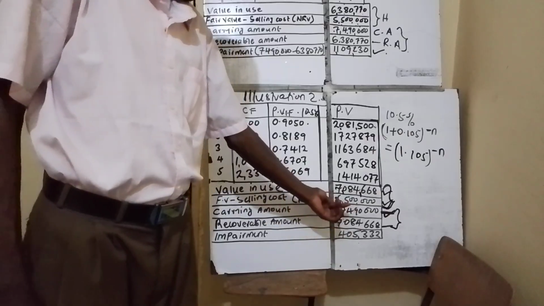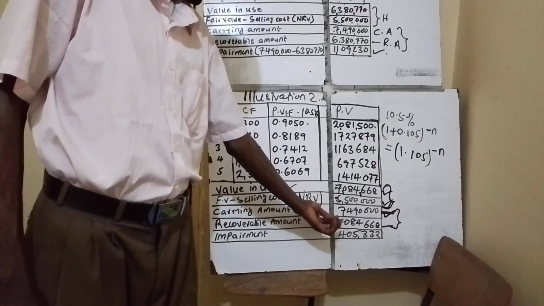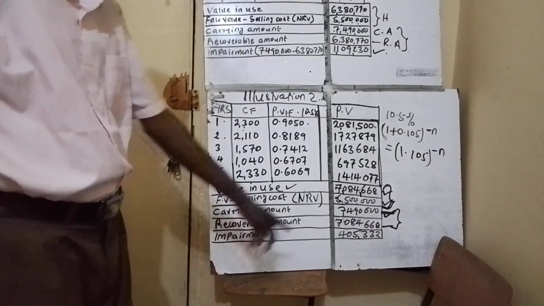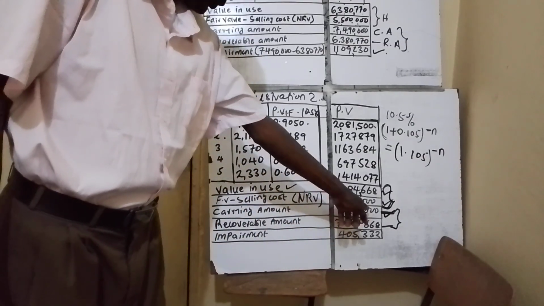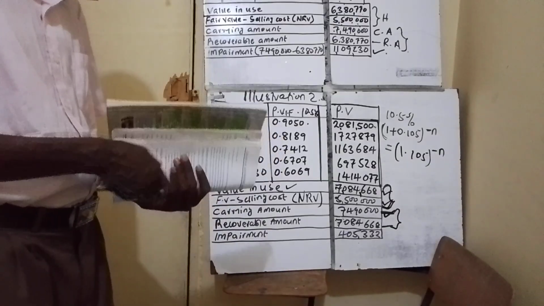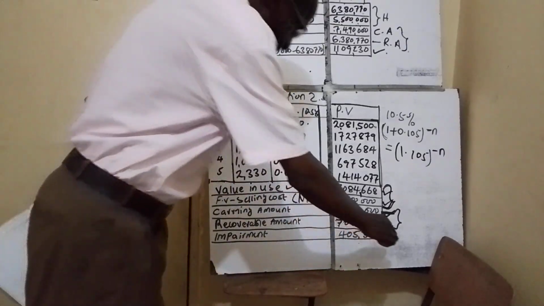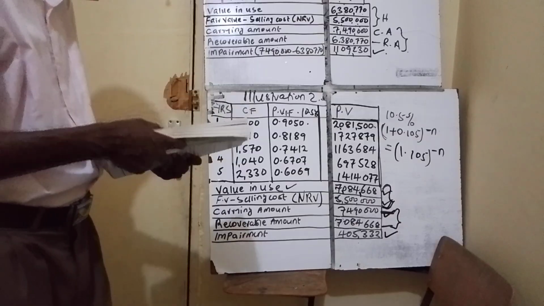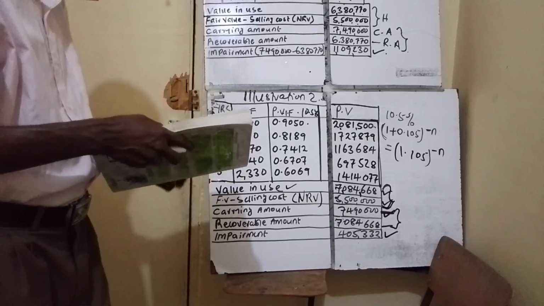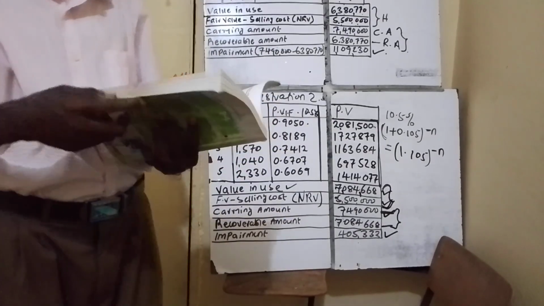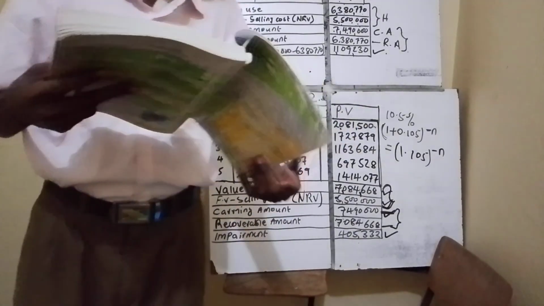So this carrying amount is more than recoverable amount. So there is impairment of how much? 7,490,000 minus 7,084,668, and you get an impairment of 405,332. So that is the impairment. So that is how we do our impairment.